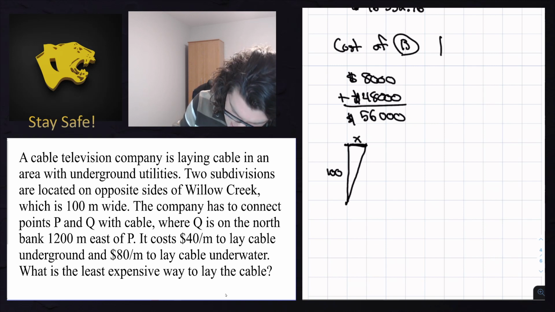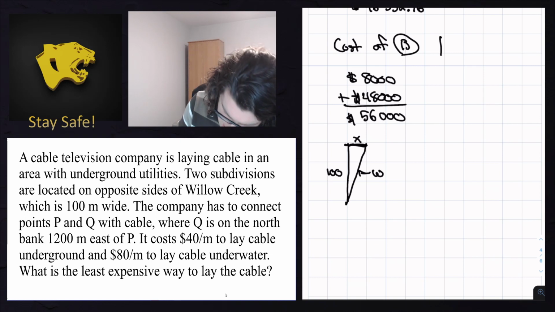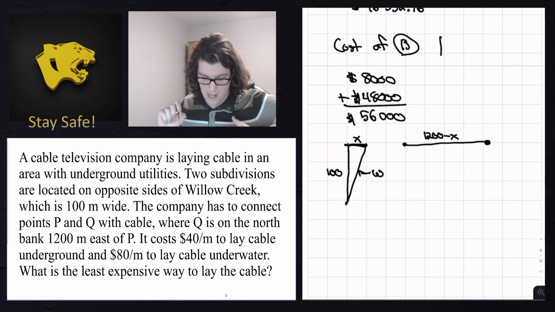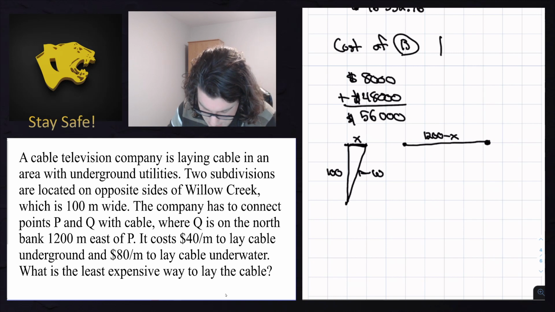This part here is the underwater part, so I'm going to call it W for water. From there on out, I'm going to have 1,200 meters to go minus the X that I've saved by going diagonal. So it's 1,200 minus X left.